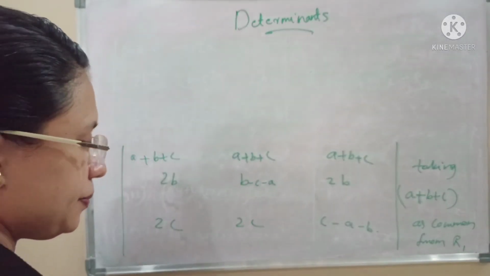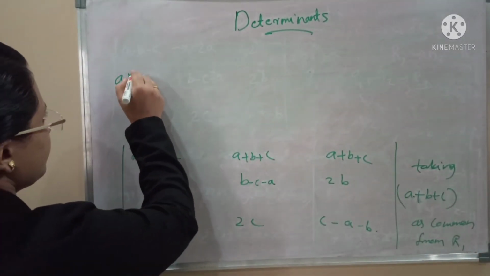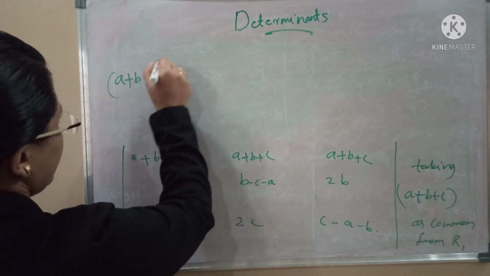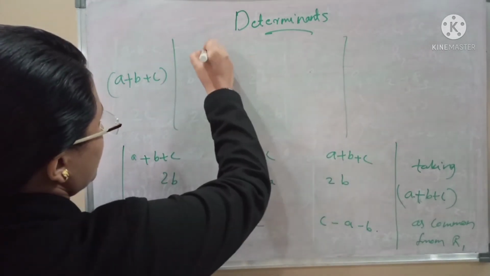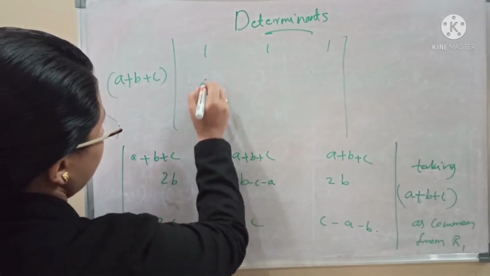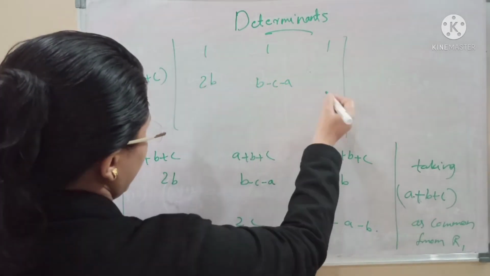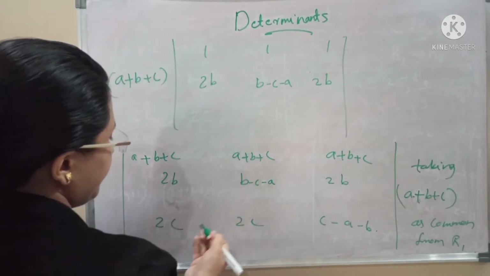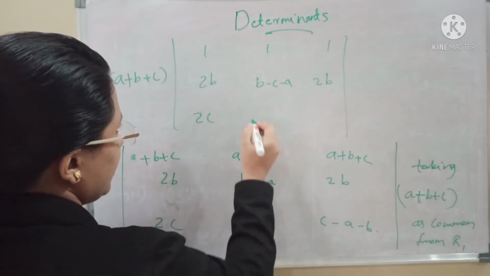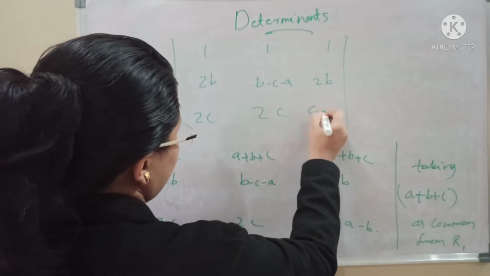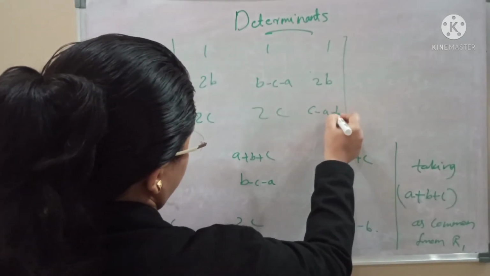Clear? Okay, A plus B plus C taking as common, so the remaining will be 1. So 2B, B minus C minus A, 2B, then 2C, 2C, C minus A minus B.